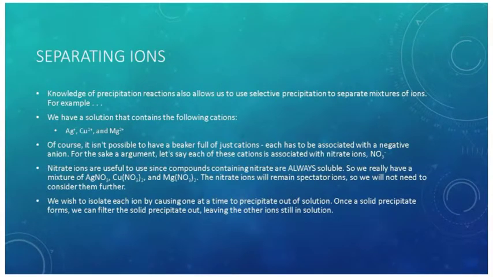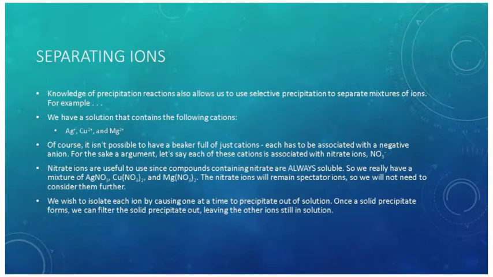Separating ions. The knowledge of precipitation reactions also allows us to use selective precipitations to separate mixtures of ions. For example, we have a solution that contains the following cations: silver, copper, and magnesium. Of course, it isn't possible to have a beaker full of just cations; each has to be associated with a negative anion.